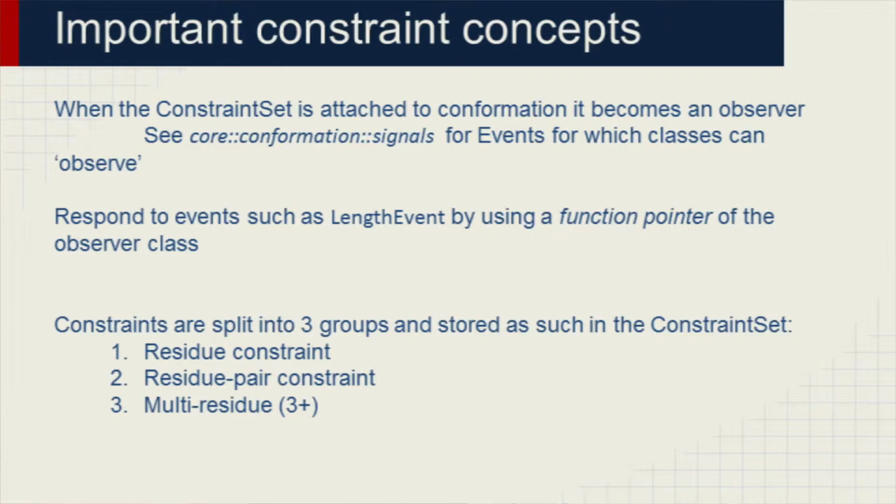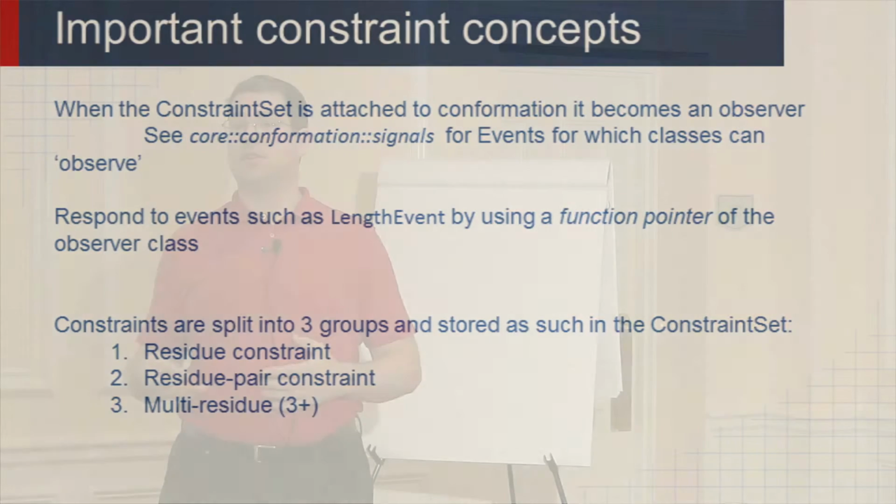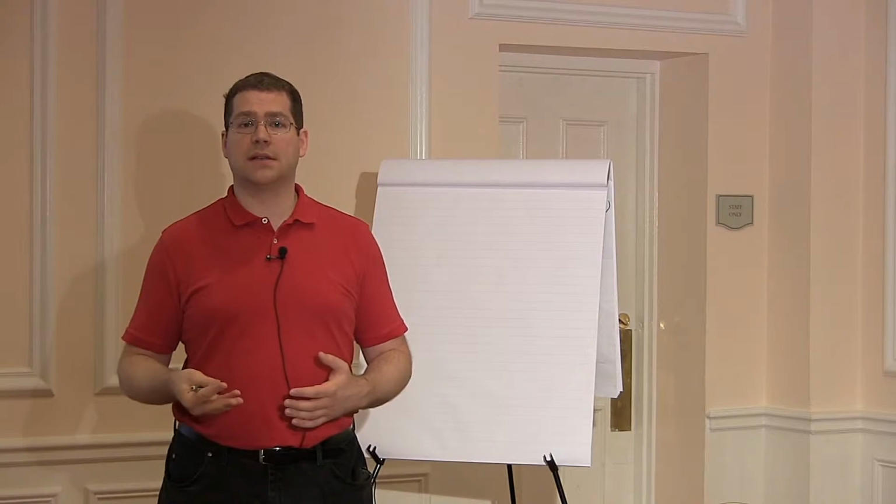We also have a pose observer. I think this was talked about briefly before, but the constraint set attaches itself to the pose as a pose observer, and specifically it's looking for length event changes. Each constraint knows about which residues it's constraining, and it identifies those residues via their position in the pose.